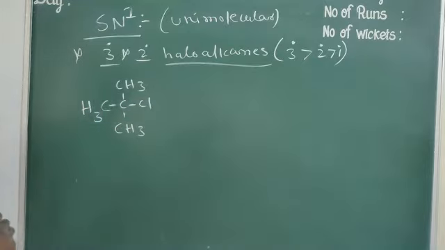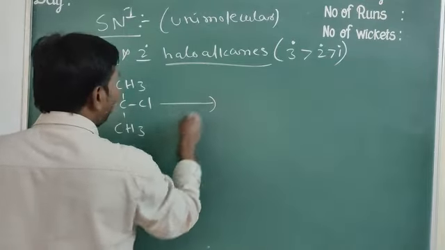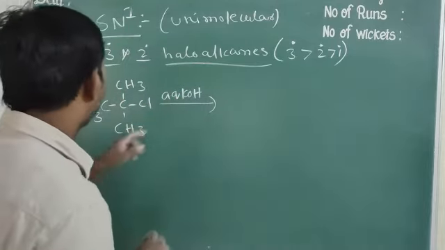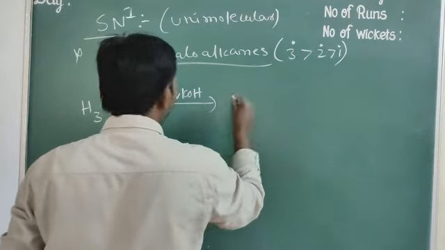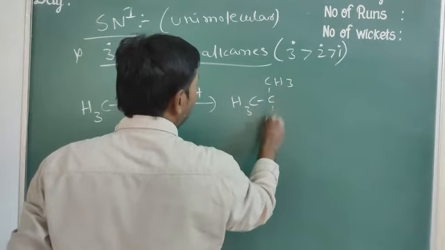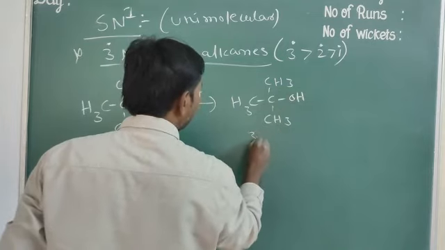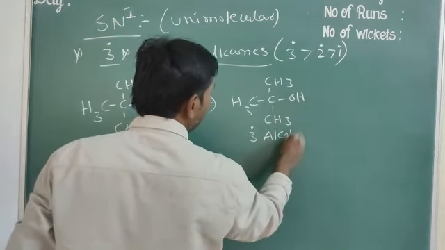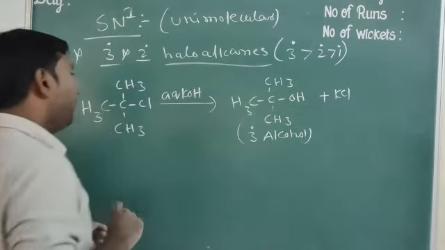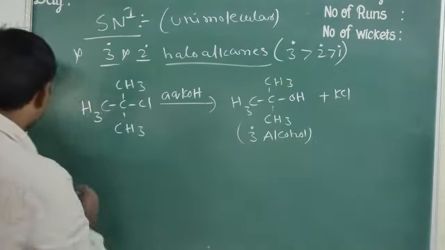This is a tertiary haloalkane. Its reaction in the presence of aqueous KOH gives a tertiary alcohol, with KCl as the byproduct eliminated. The mechanism is very important.